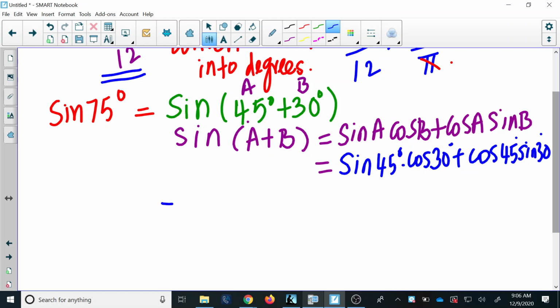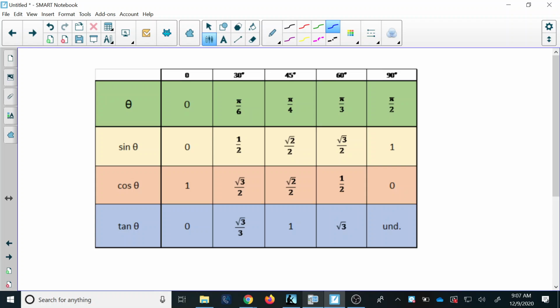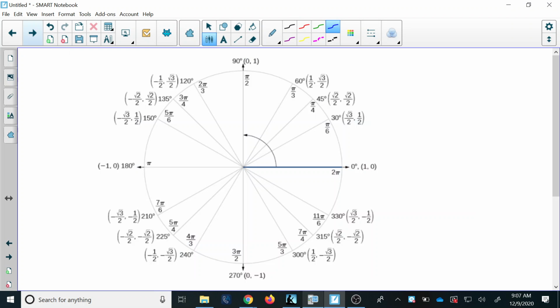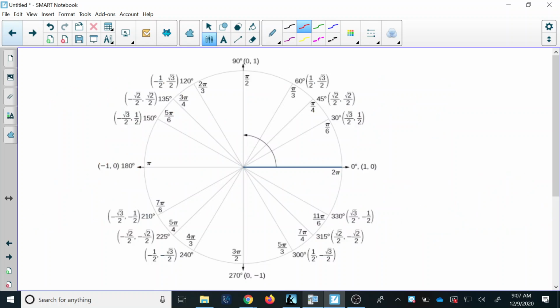Now all we need to know are the values of sine 45, cos 30, cos 45, and sine 30. If I look at this table, sine 45 is square root of 2 over 2, and cos 45 is square root of 2 over 2. So sine 45 equals cos 45 equals square root of 2 over 2.